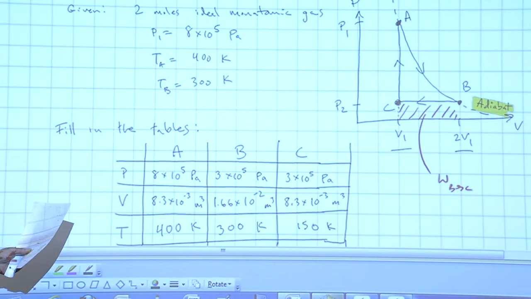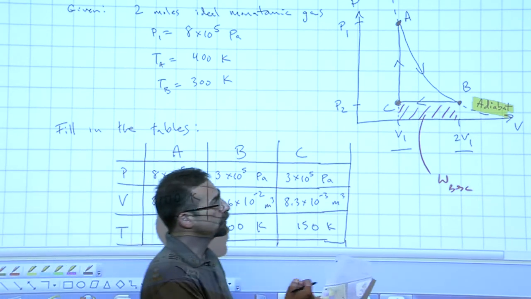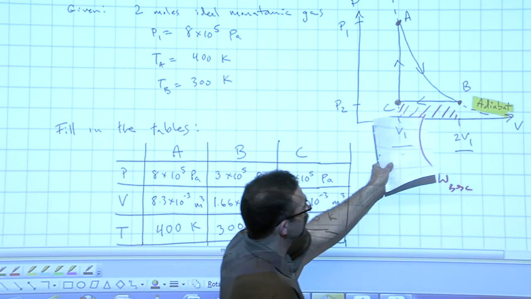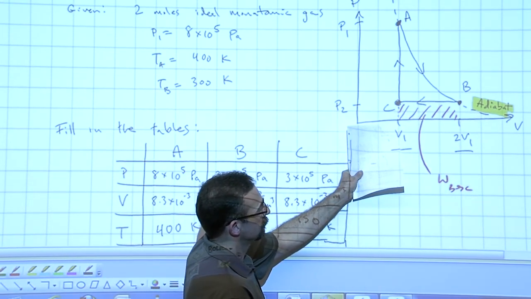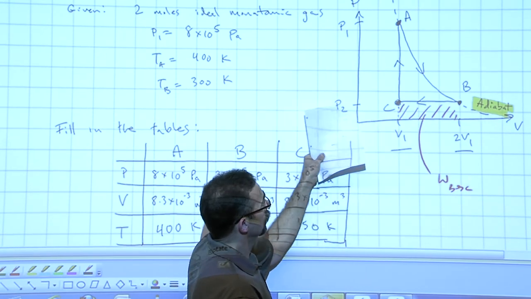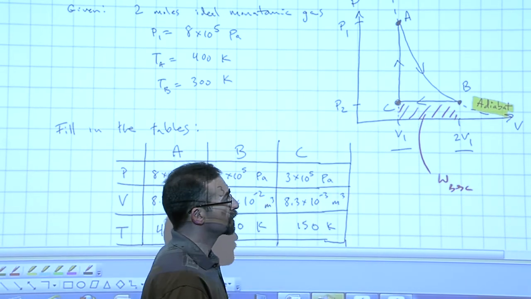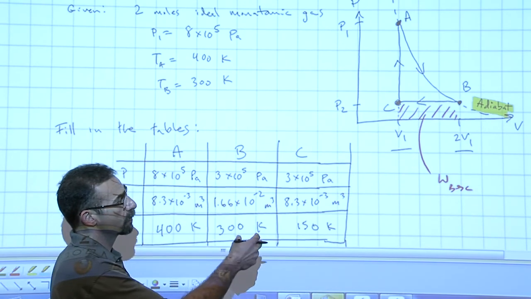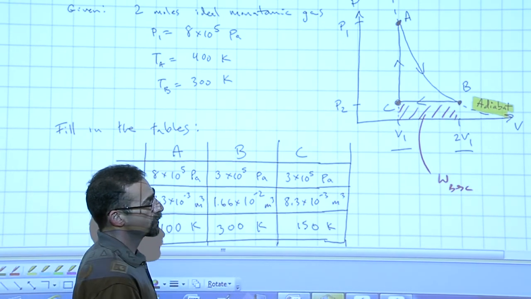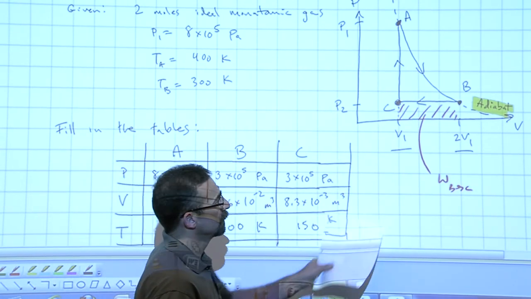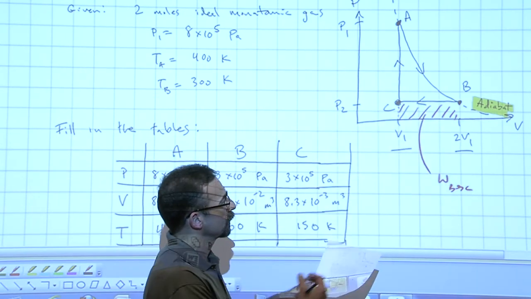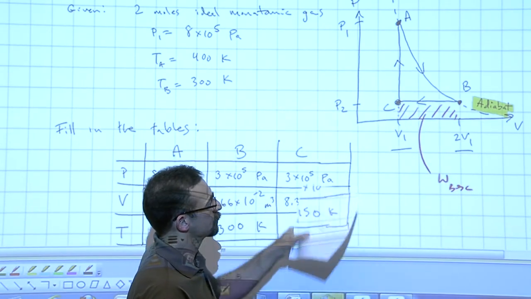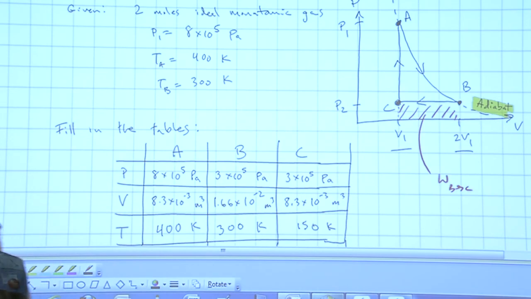In order to keep the pressure constant, we had to remove heat because we're compressing the gas and the pressure stays the same, which means the gas has to be moving slower at the end than what it started with. So we had to pull a lot of heat out. As the gas compressed, we had to pull a lot of heat out in order to keep the pressure the same. So Q has to be a big negative number.